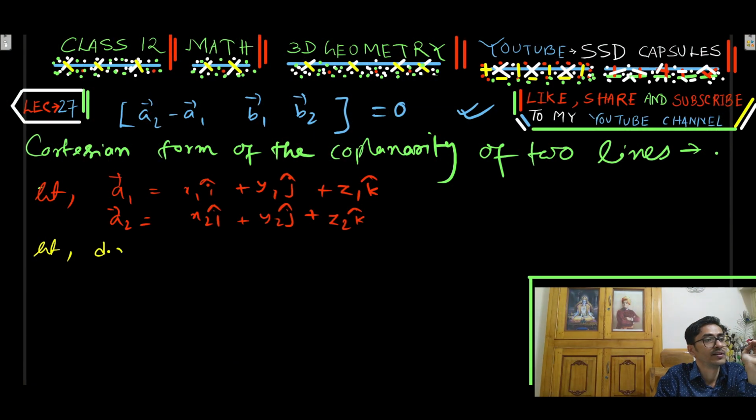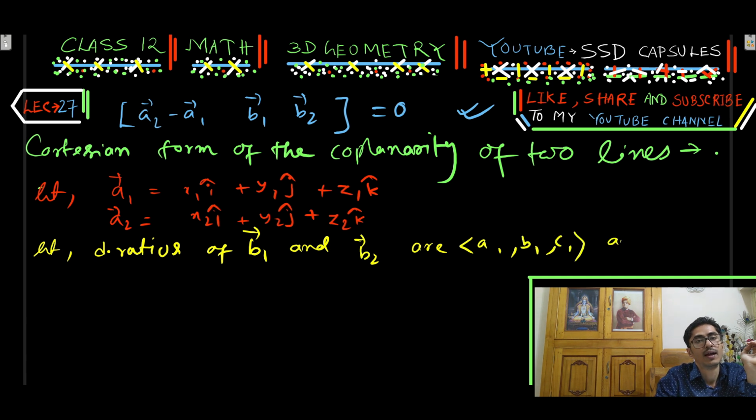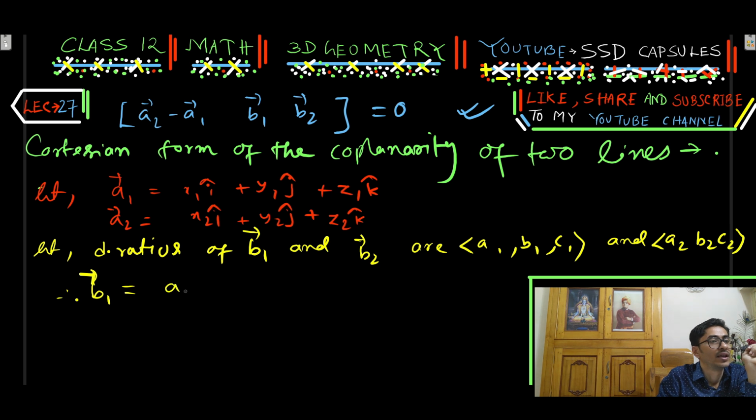Therefore B1 vector equals a1 i cap plus b1 j cap plus c1 k cap.